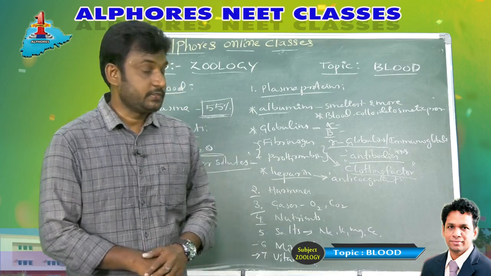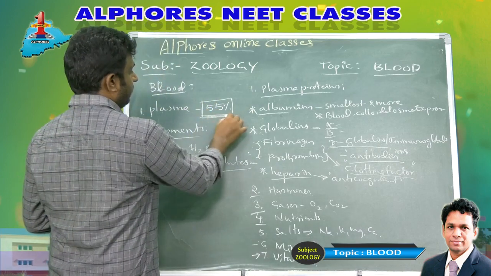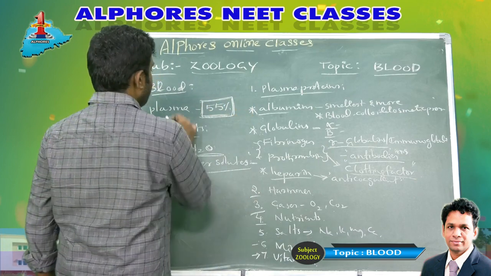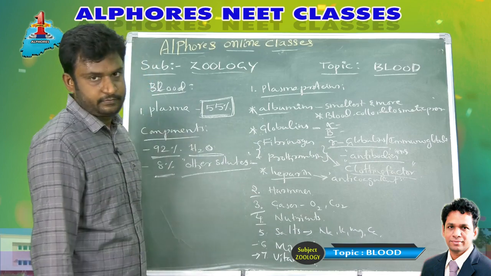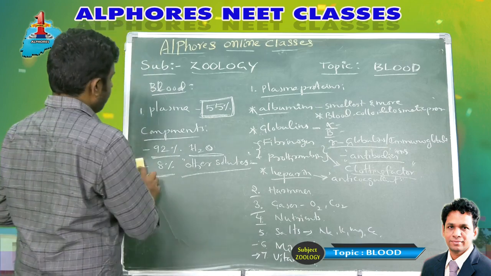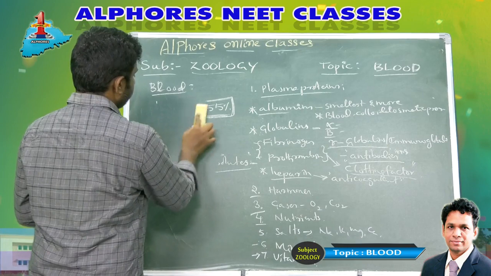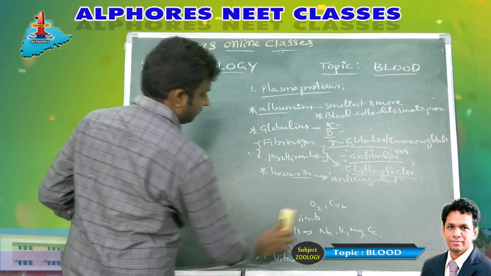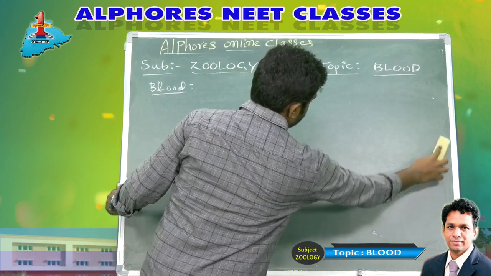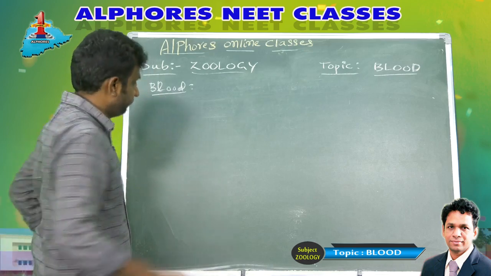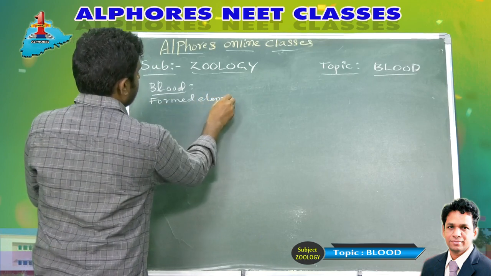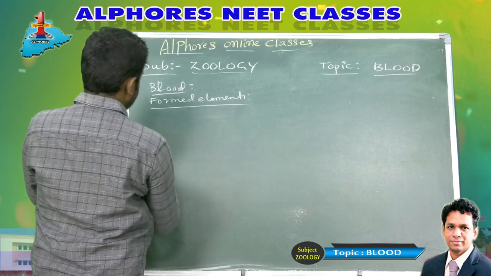So 55% of the blood consists of the plasma only, and the remaining 45% of the blood consists of the formed elements. So what are the formed elements? Formed elements are the blood cells.